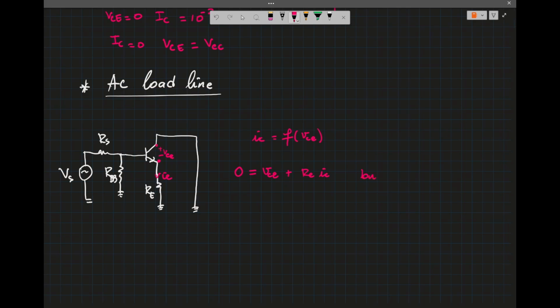But we know that when we do superposition, the voltage VCE total will be equal to the DC voltage VCEQ plus the AC voltage VCE.